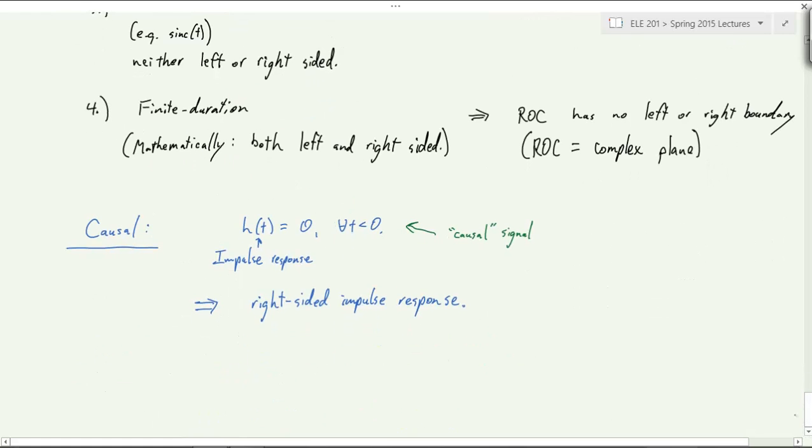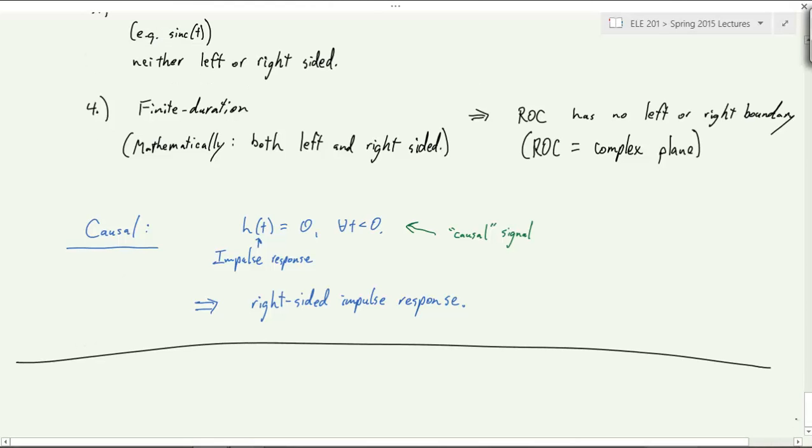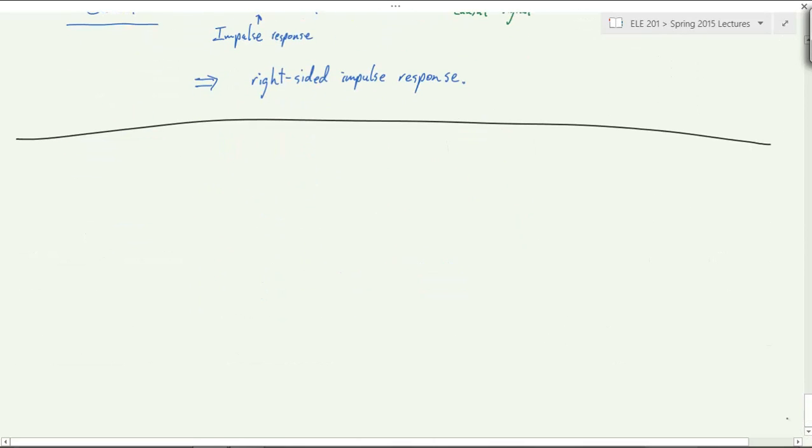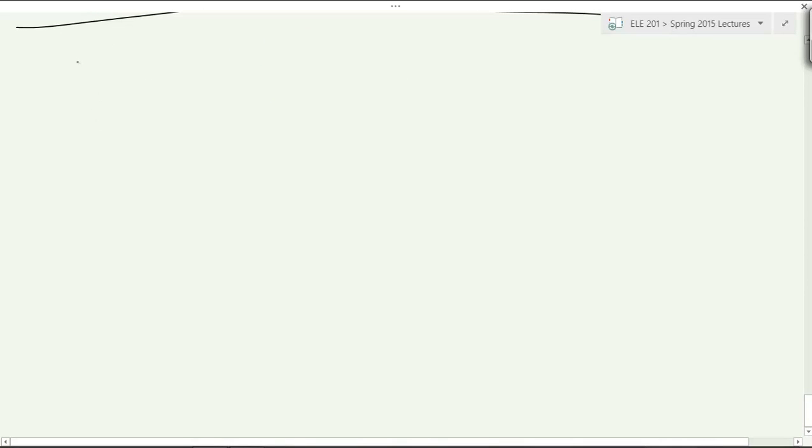Okay, so the last main thing we need to talk about here is a form of the Laplace transform that's going to be most relevant to us. So let's talk about what a rational function is.